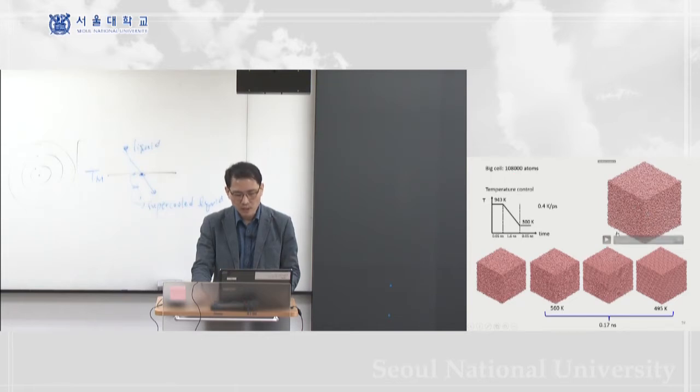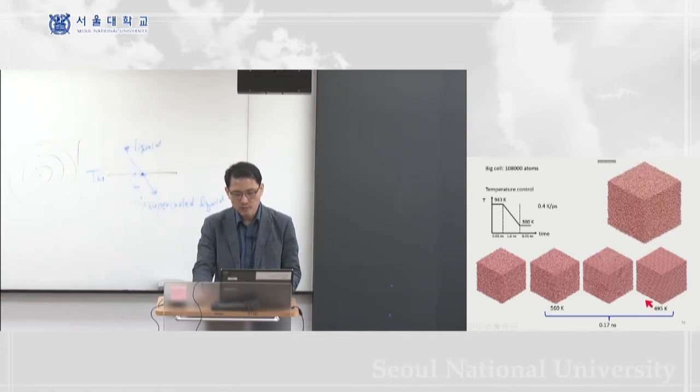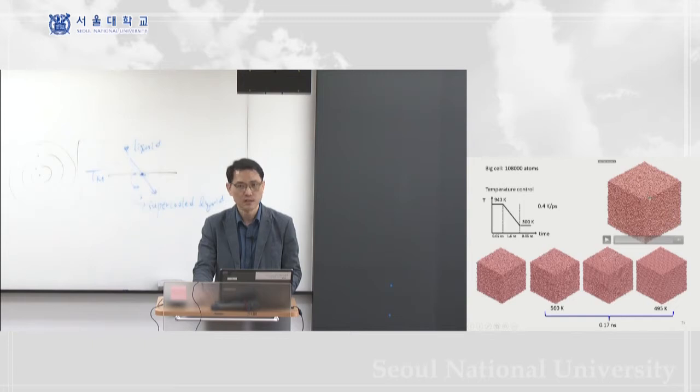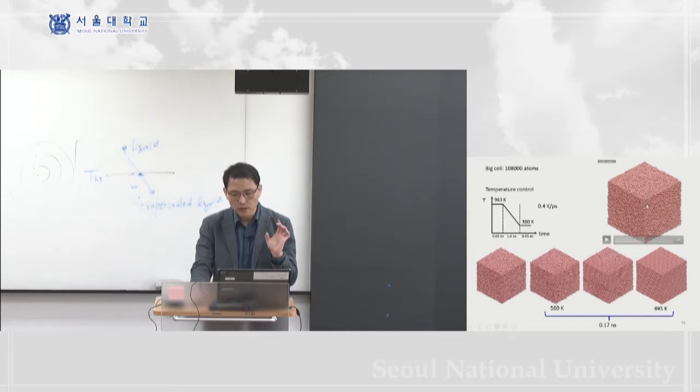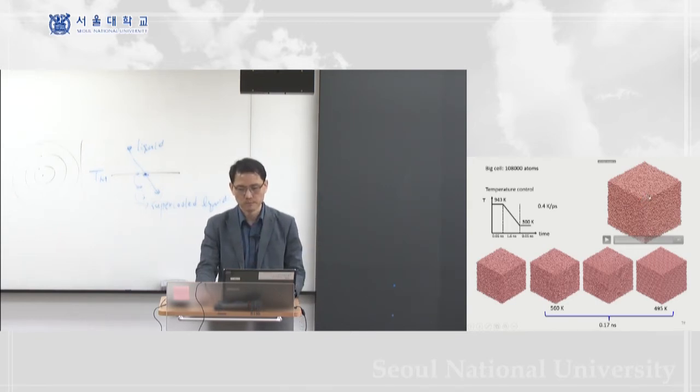In the beginning, this is the liquid phase, and at some time, you can now see this crystalline state. You can see the ordered structures. It happens that it has one nucleus at this corner of the simulation box, which is repeated at these different corners.